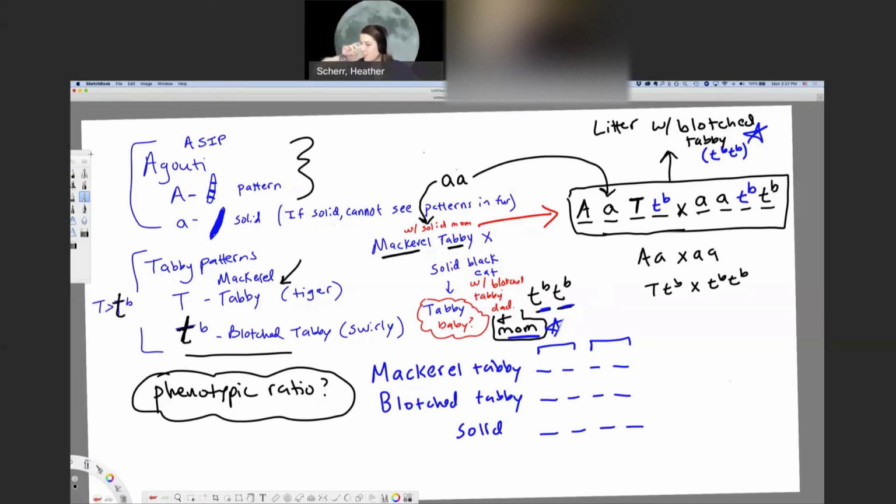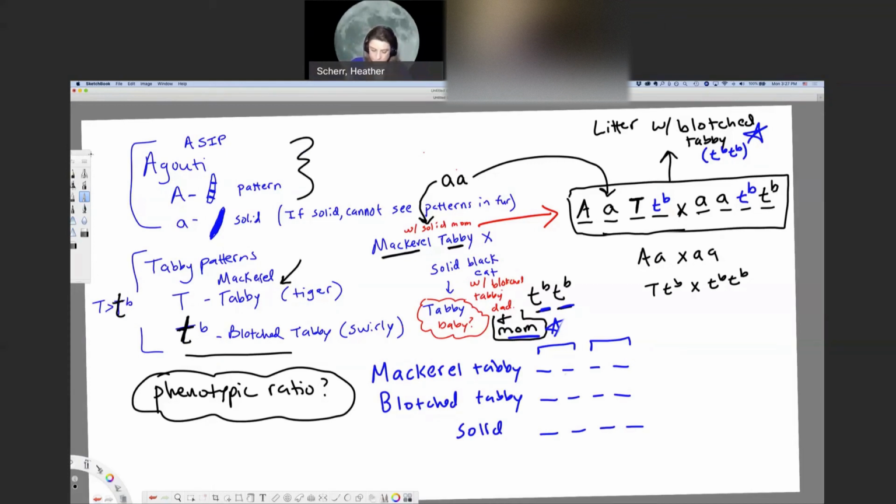And then 4, 10, 5, 10, and half. Okay. And we want a mackerel tabby.